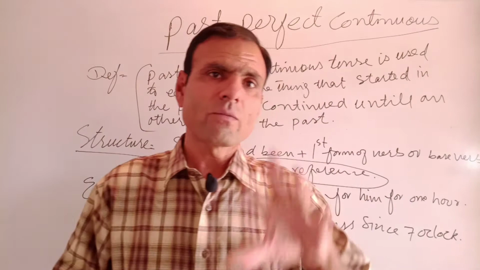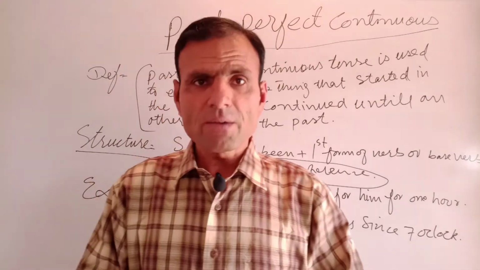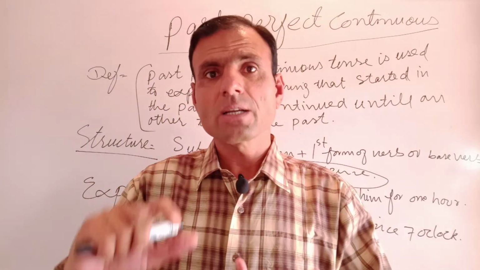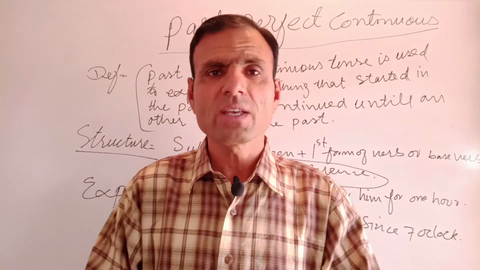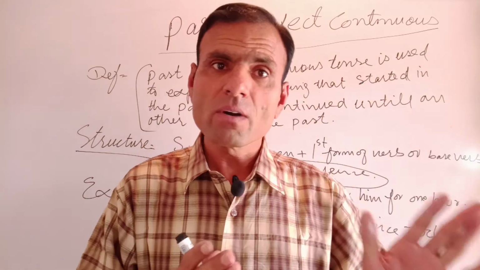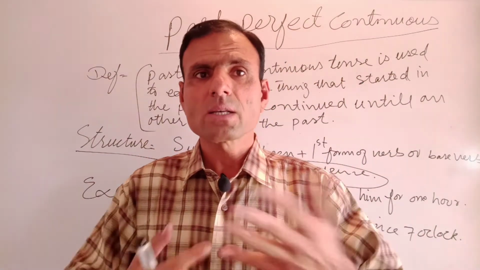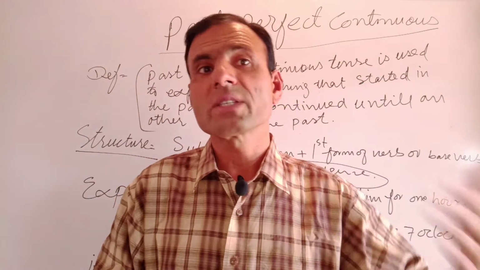Now, we show time in two ways. If there is an exact date, name of the day, name of the week, or the o'clock, like 7 o'clock, 3 o'clock, we use since.